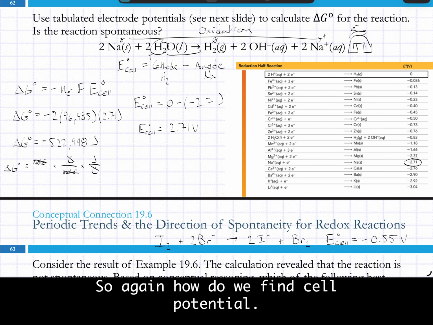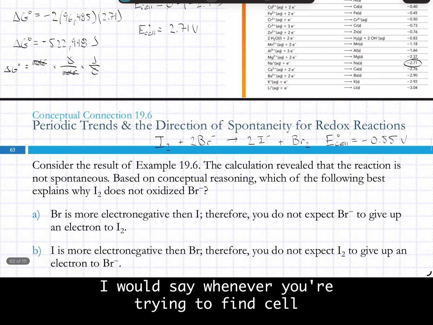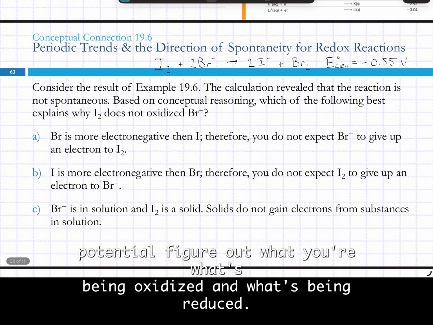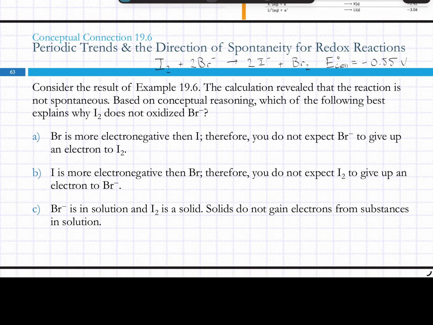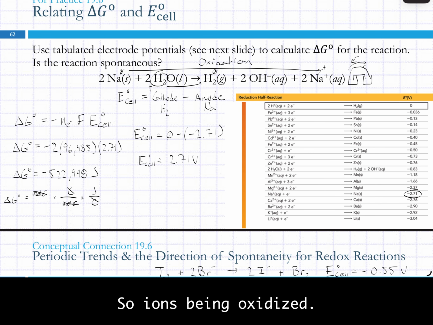So again, how do we find cell potential? Whenever you're trying to find cell potential, figure out what's being oxidized and what's being reduced first. What's being oxidized? Iron. All right, so iron's being oxidized.